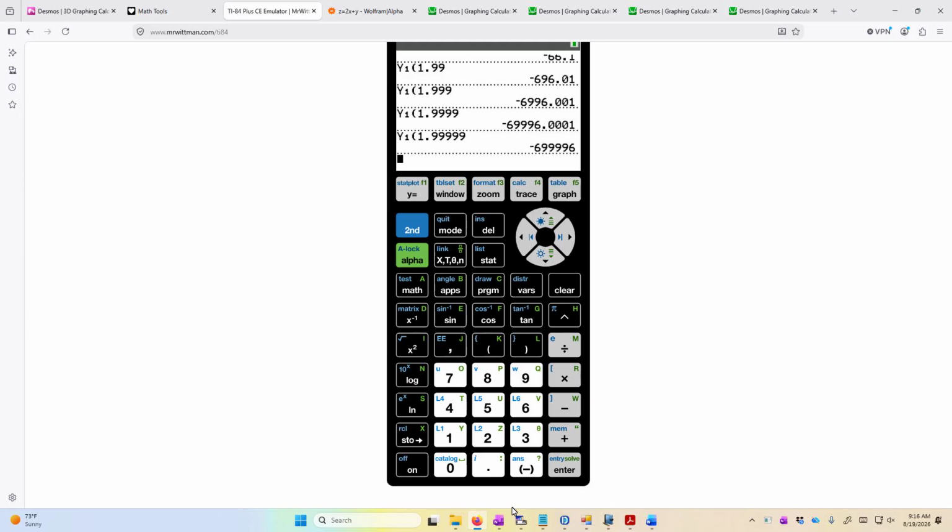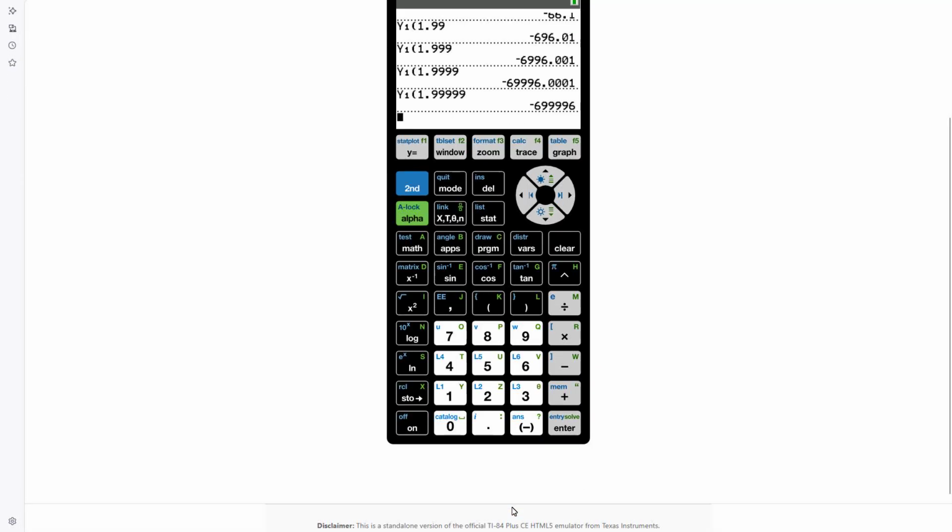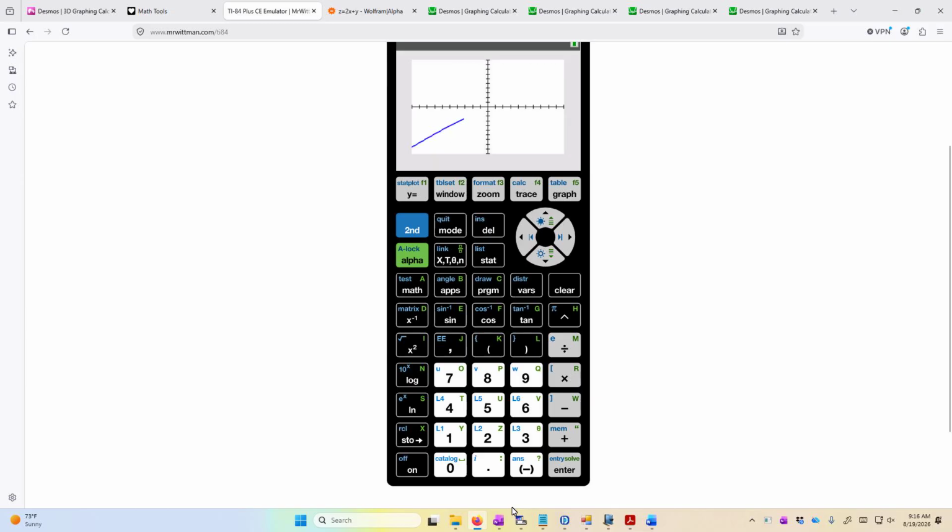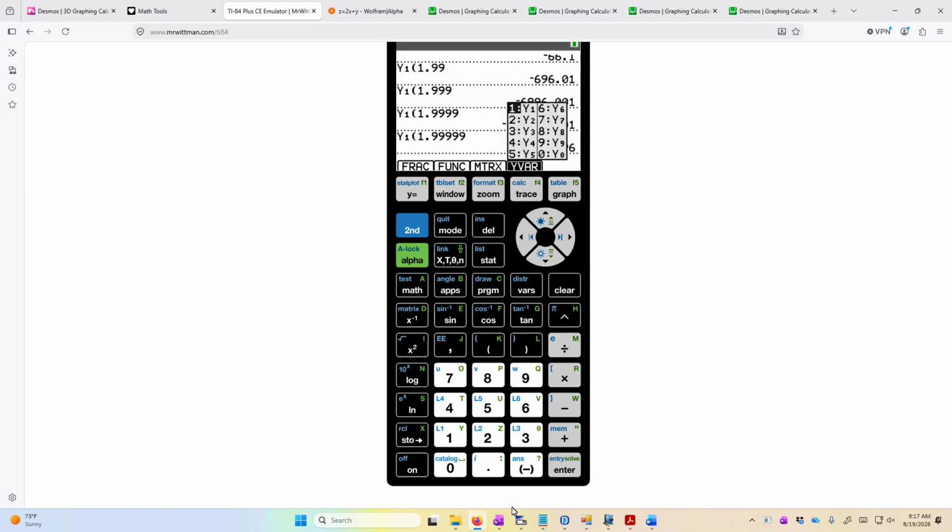And then if I plug in numbers greater than 2, like 2.01, 2.001, it just keeps getting larger and larger and larger.